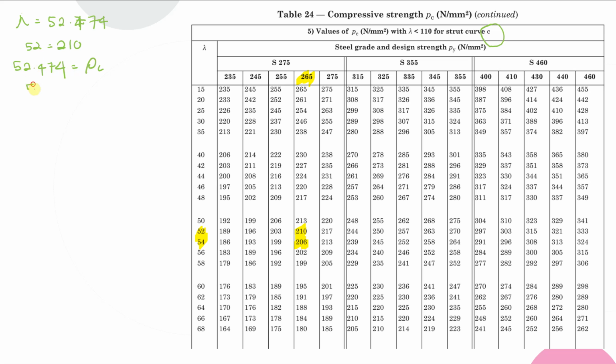And then when it is 54, it is 206. Okay. And then we just calculate the same way. The method is actually the same as how I calculated the first one. 54 minus 52. Okay, simplify.